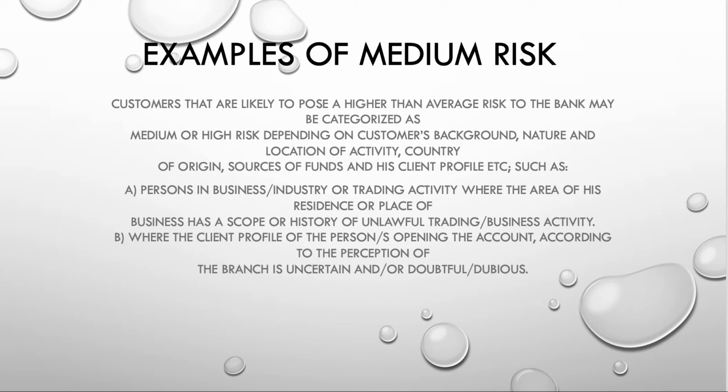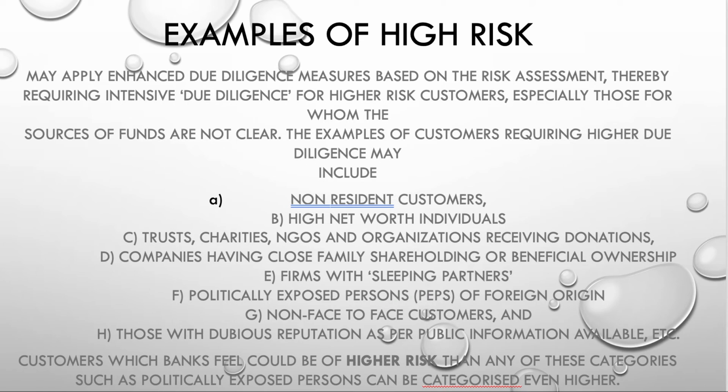An example of a high risk is where enhanced due diligence is required because there are certain hits. They could have a higher net worth, negative news, PEPs. They could be a charity or trust, or exposed to a PEP if they're not one themselves.